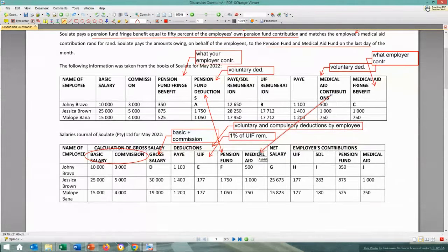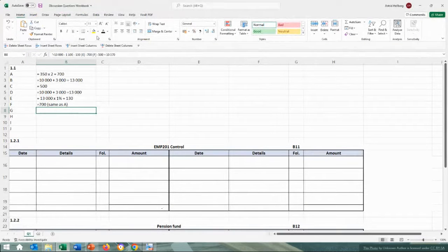Okay, so let's think back. We said net salary is your gross salary less all of your deductions. So our net salary is going to be this gross salary amount less all of these deductions here to get to our net salary. So let's look at the calculation.